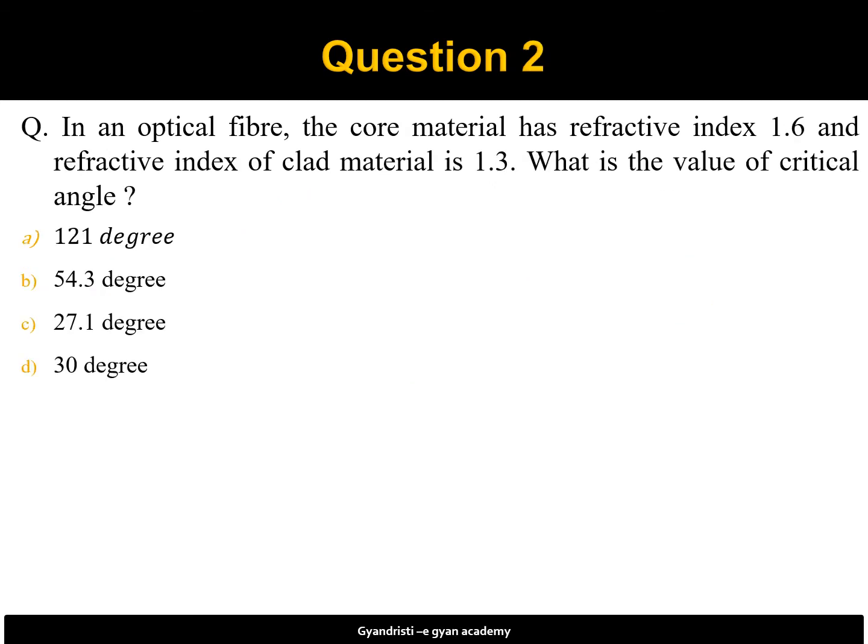In question number 2, again value of critical angle is asked, and it is given that the core material has refractive index N1 is equal to 1.6 and refractive index of clad material is 1.3.